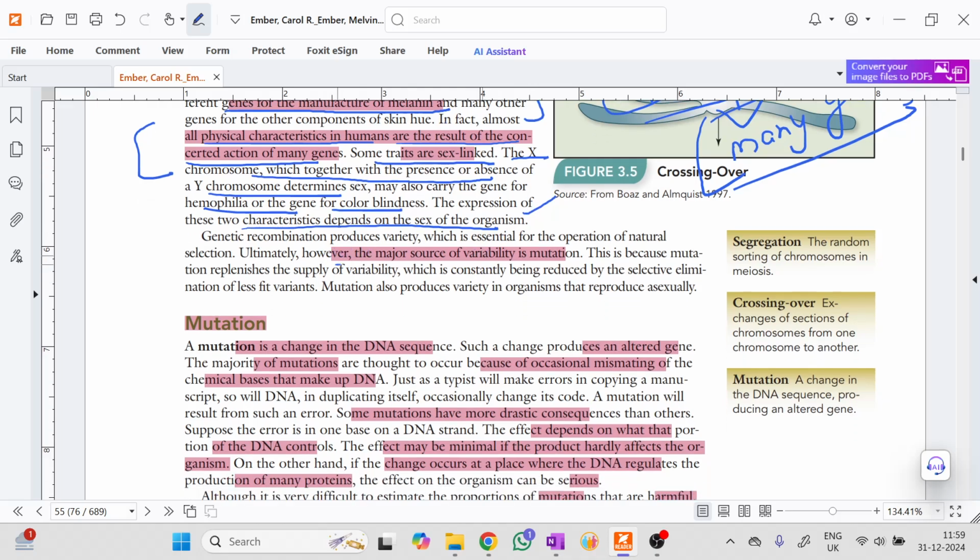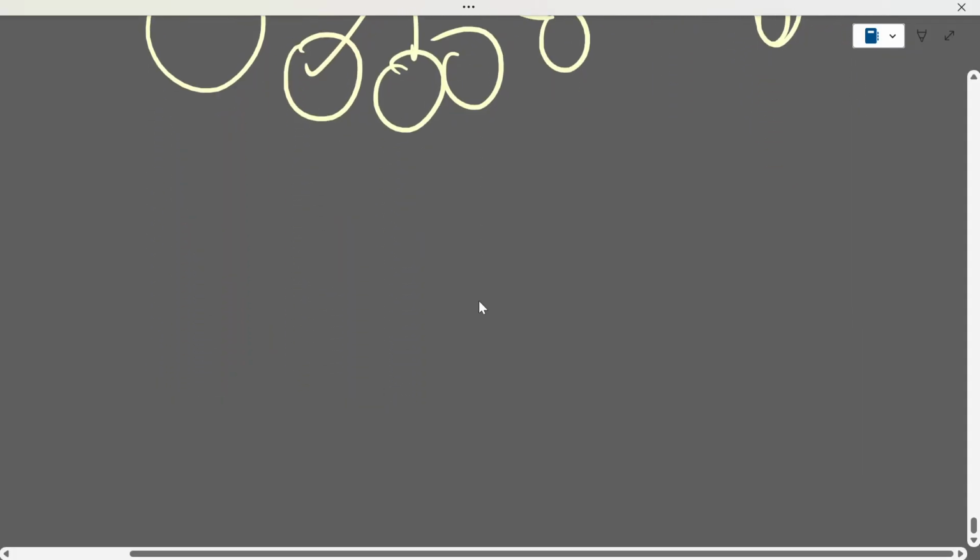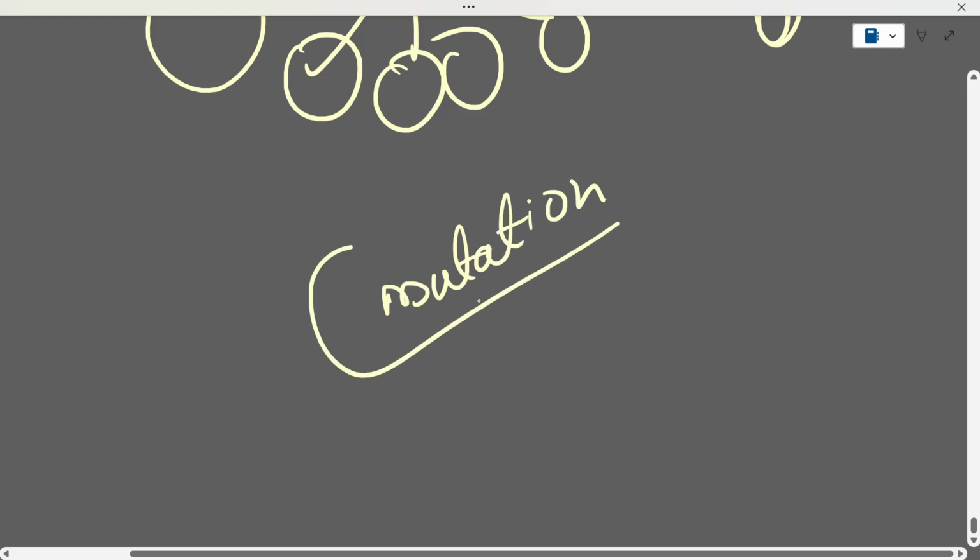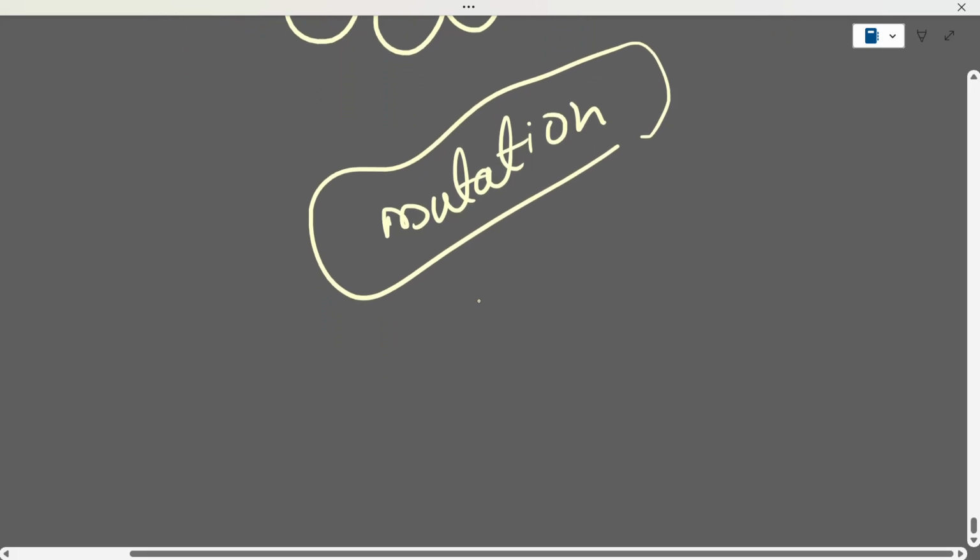Then the other source of variability is mutation. It is because mutation replenishes the supply of variability, which is constantly being reduced by selective elimination of less fit variants. So there is another strong idea that is written here, which is mutation.